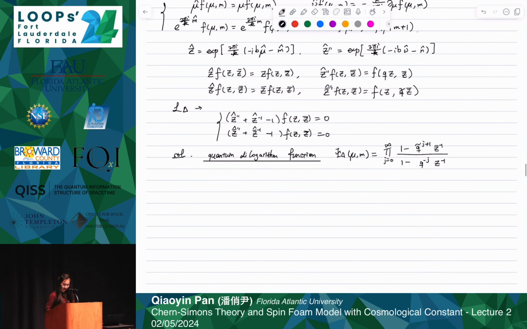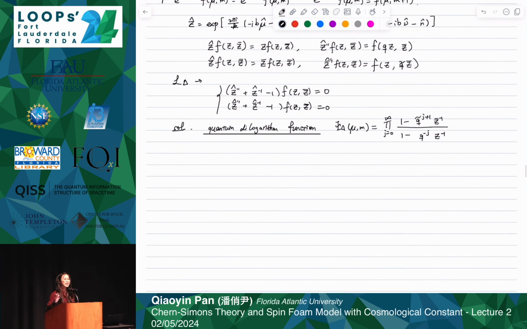And first things first, why is it called the quantum dilogarithm function? It's because if we take the classical limit, which is q tilde goes to 1, then you realize that this function can be expressed in terms of the dilogarithm function in the following way.